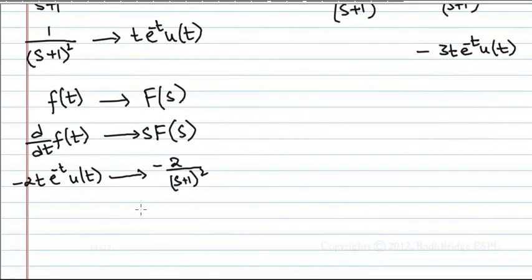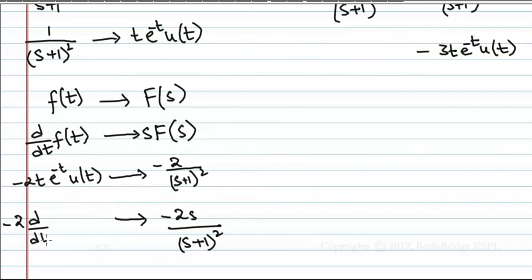And what can I say now? Minus 2s by s plus 1 whole square will have minus 2 d by dt of t e power minus t u of t.